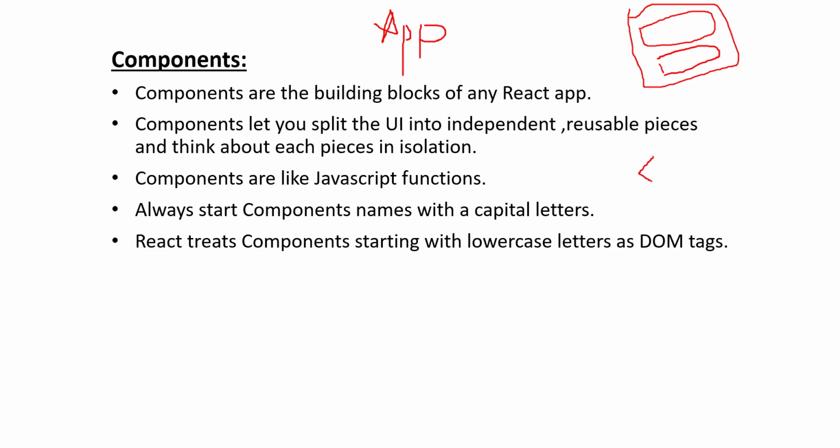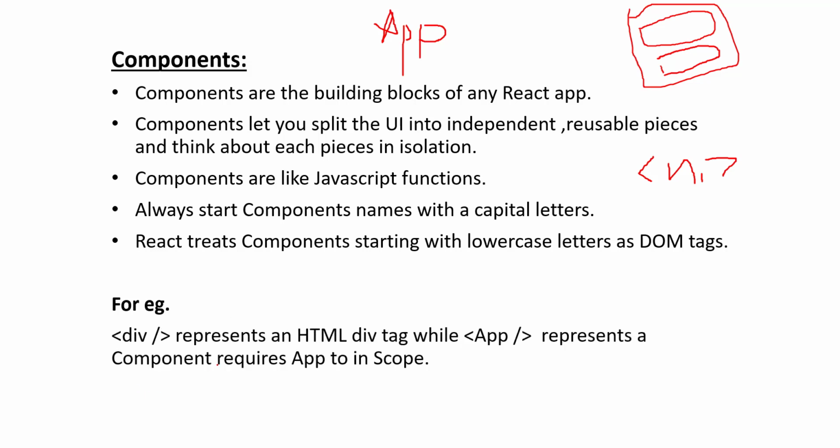If you write an h1 tag with a small letter, React treats it as a DOM tag. So always start with a capital letter, don't use a lowercase letter for a component. For example, here div represents an HTML tag while App represents a component and requires App to be in scope. Here d is small and here App is a capital letter.